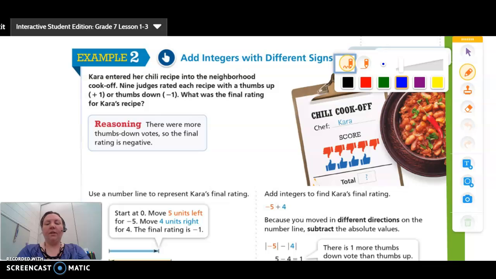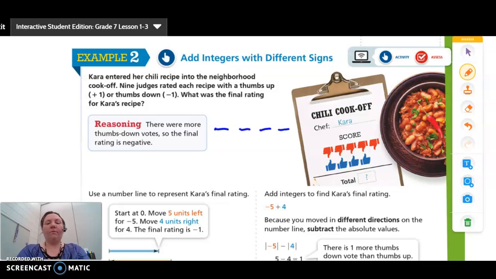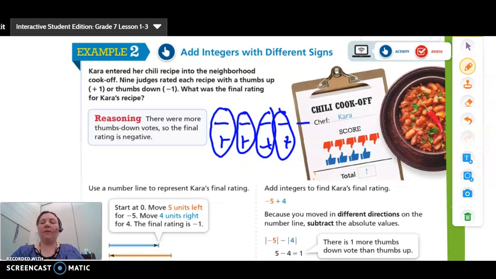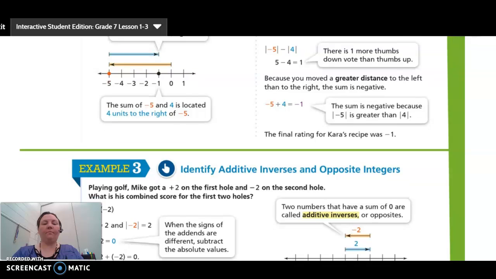If we think about there being 5 negatives, 1, 2, 3, 4, 5, and 4 positives, we can use our prior vocabulary and say that's a 0 pair, that's a 0 pair, that's a 0 pair, that's a 0 pair, and there's 1 negative value left over. Okay, so that's building off of our idea of using those algebra tiles or those plus and minus chips.